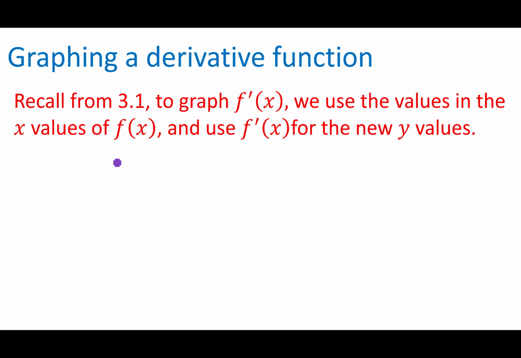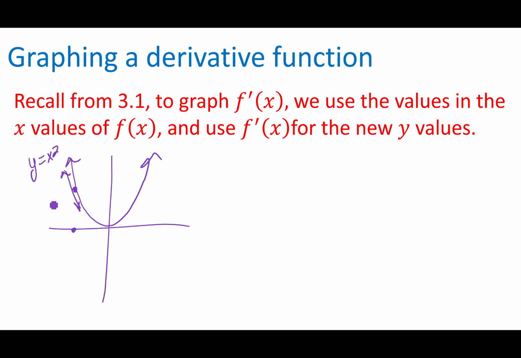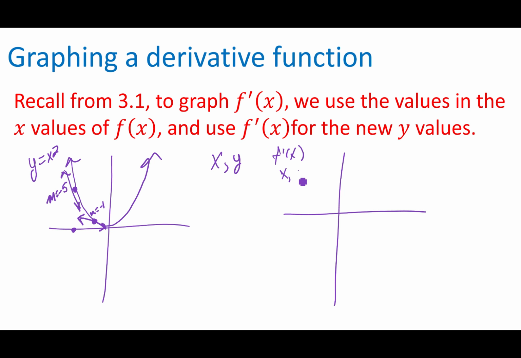So when we go to graph, if we were looking at that x squared graph again, and I chose a point, say over here, and I create my tangent line, this one might have a slope of -5, but then I choose a point here that has a slope of -1. So when I'm actually graphing, if I think of it as x and y coordinates, my derivative graph is going to have coordinates x, comma, f prime of x.